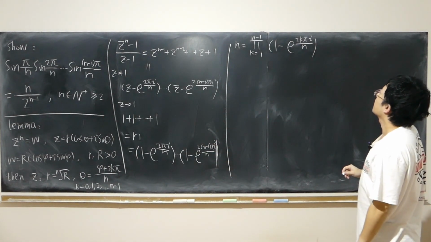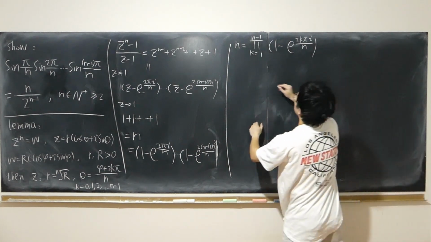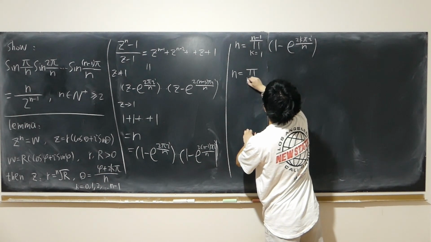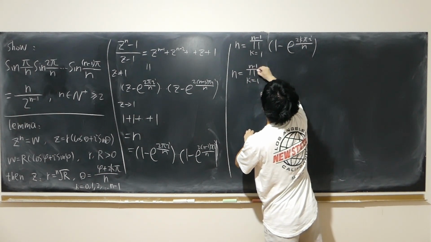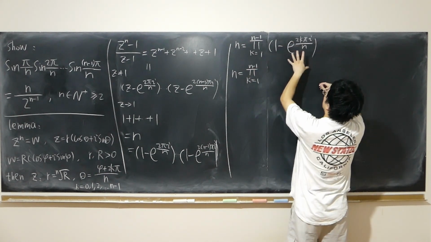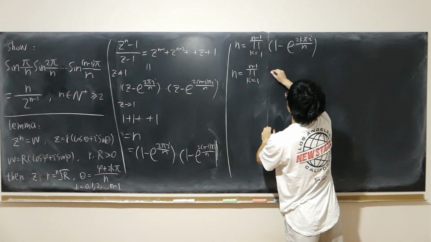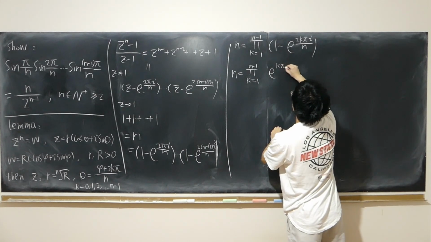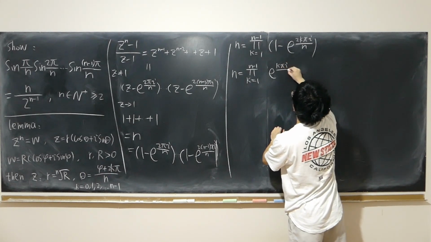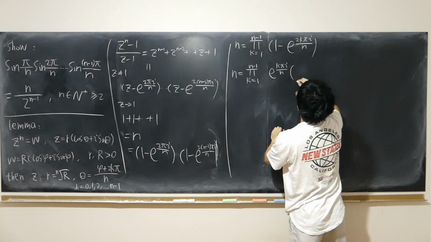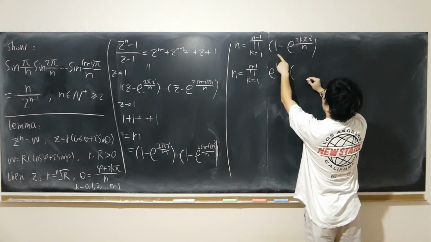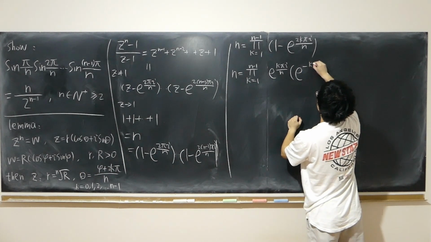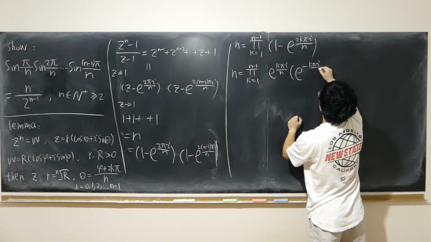So let me just rewrite this part: n equals the product for k from 1 to n minus 1. Factor out e to the k pi i over n. So I'm left with 1 now becoming e to the negative k pi i over n, minus e to the k pi i over n.